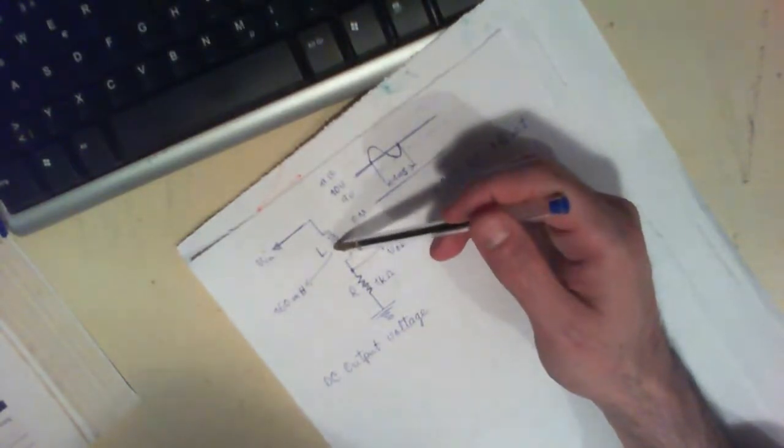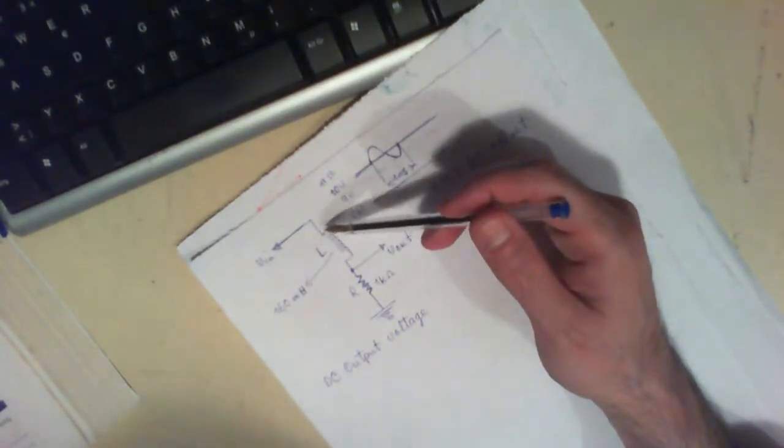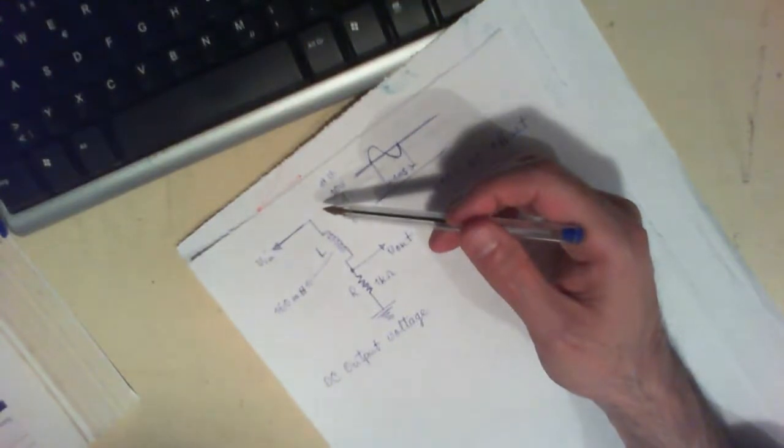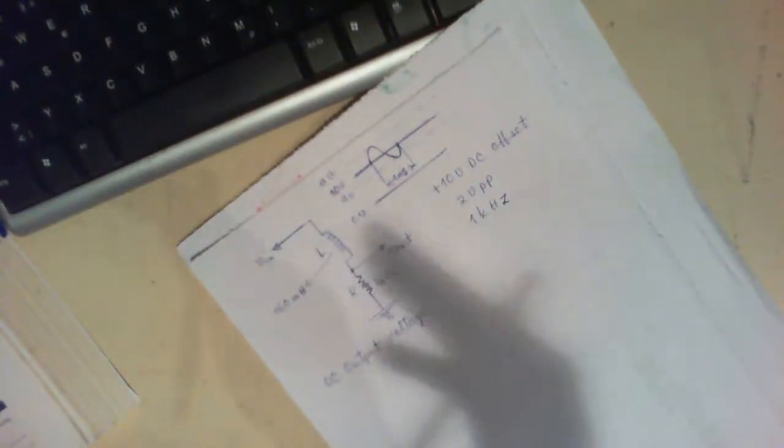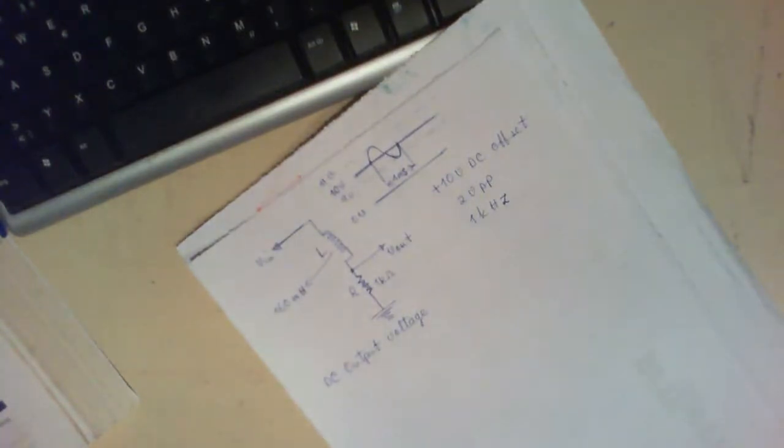If you take a multimeter and measure the resistance of an inductor, it is usually very, very low, like 1 ohm or 1.5 ohm or something like that, usually not over 1 or 2 ohm.